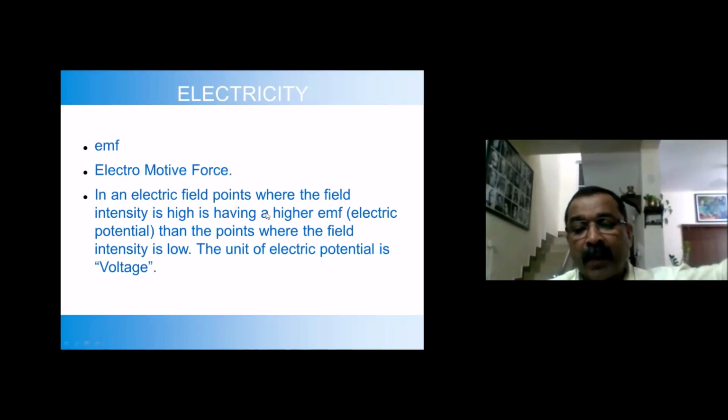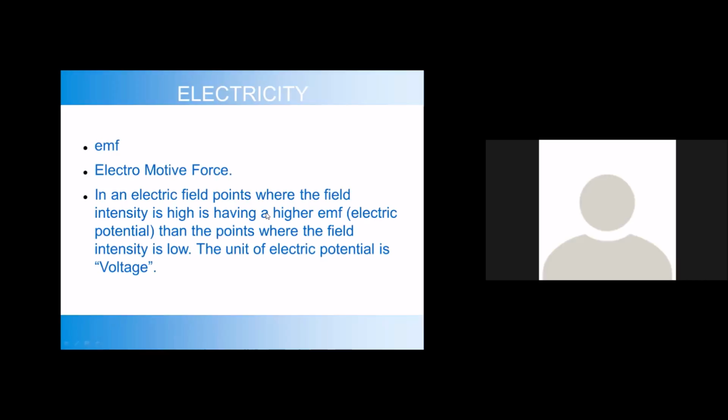So at that point, we say that its voltage is at a higher level. If one point has a higher voltage, that basically means there are more EMF, electrical charges.